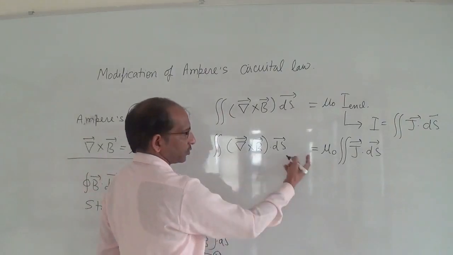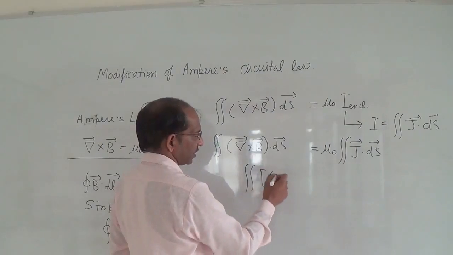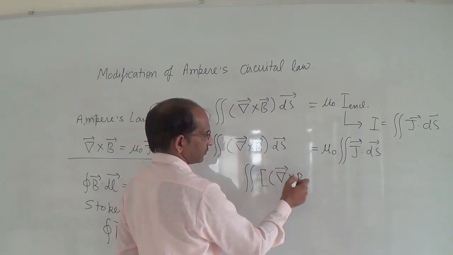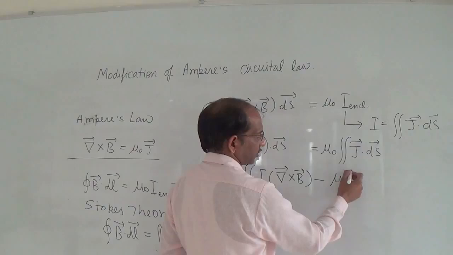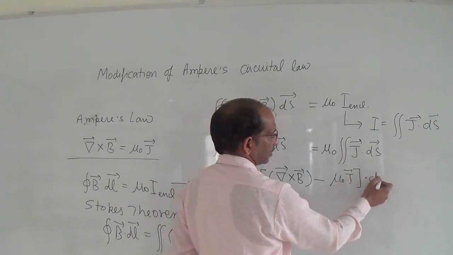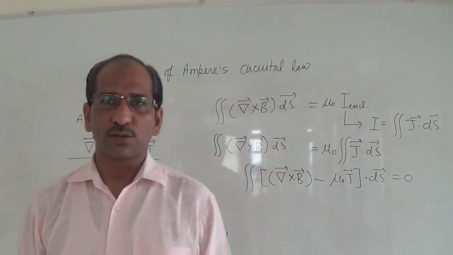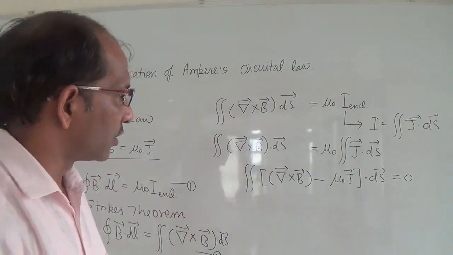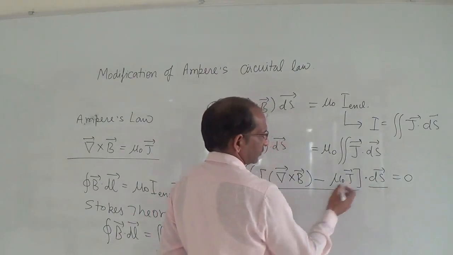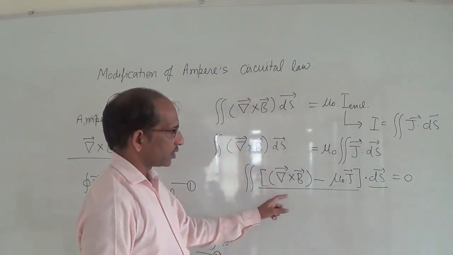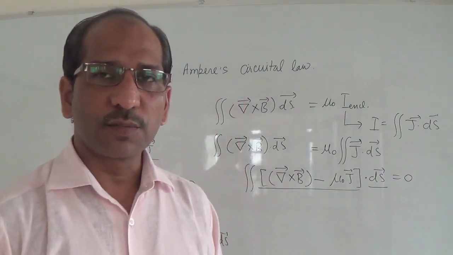Now one can compare both sides. After comparison we get the result: the surface integral of del cross B minus mu naught times J dot ds is equal to 0. Now we have to check which term is equal to 0. ds is the area and that cannot be 0.